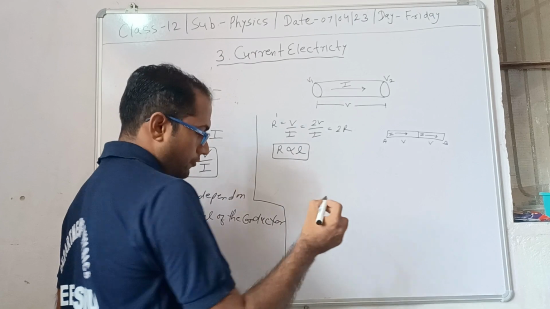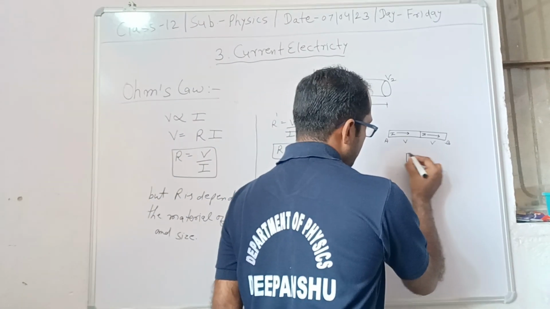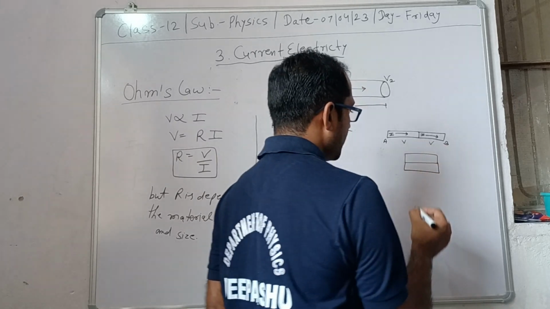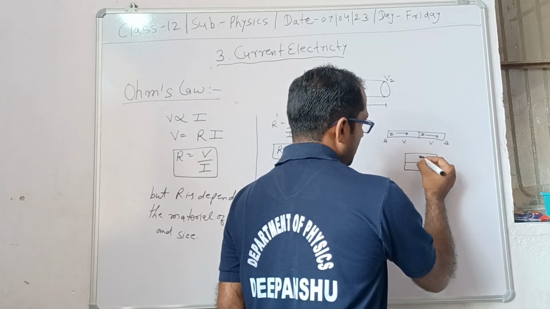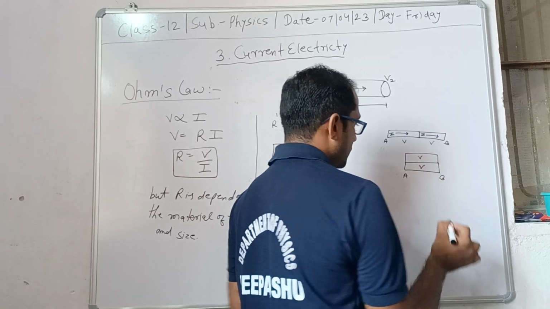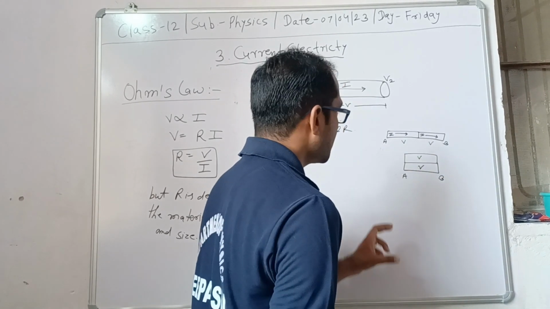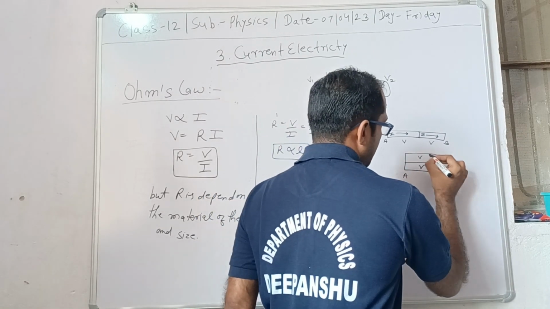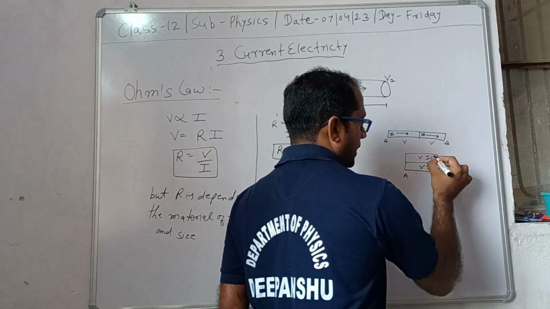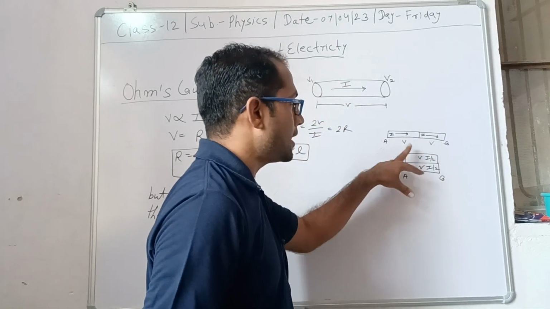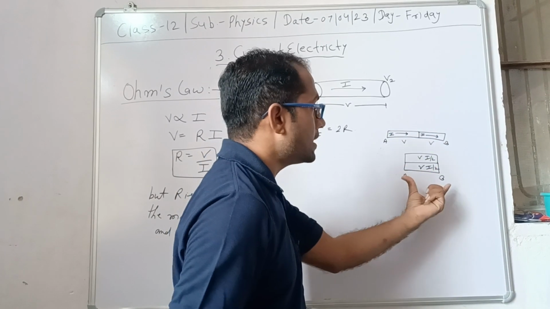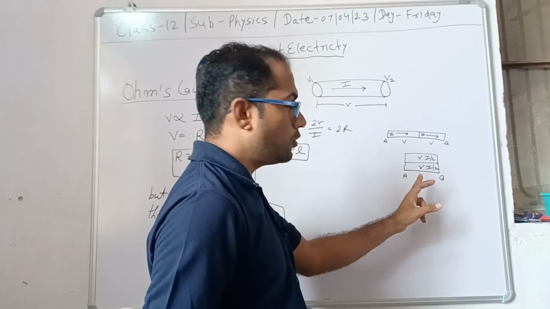After that, if we take two slabs like this, the first like this and the second like this, the potential difference across both slabs is V, because the potential difference from A to B is V. But the current is I by 2 and I by 2, because these slabs are parallel, so the current is divided into two parts, but the potential is the same for both slabs.